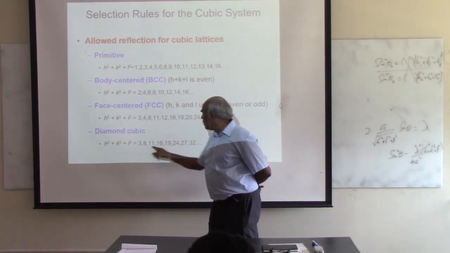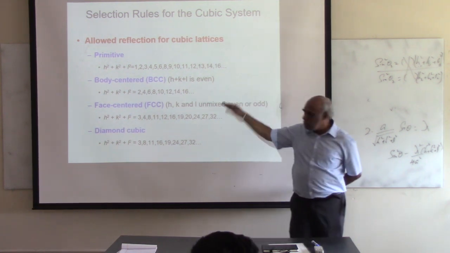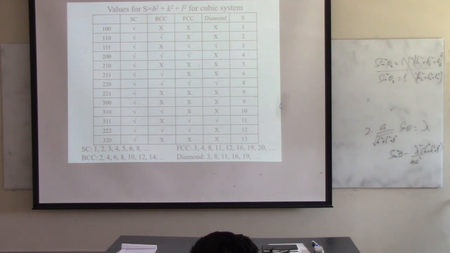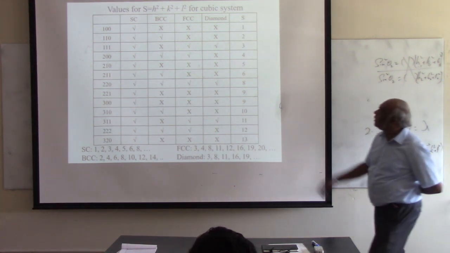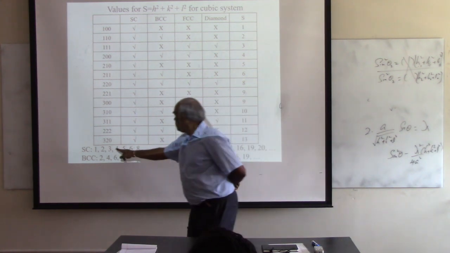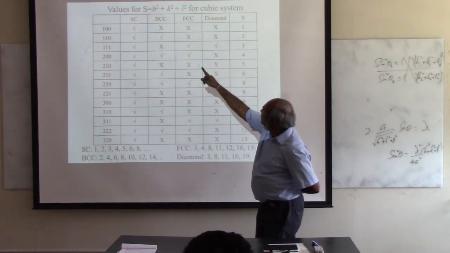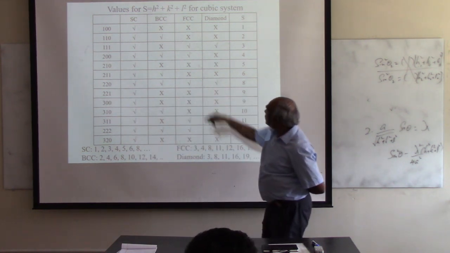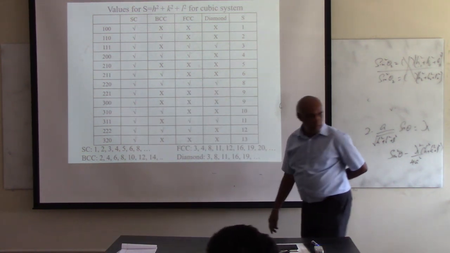If you have diamond, you have this one. So that's why I put it in this form. You can see, simple cubic, these ones. These are the allowed ones. So if you follow this one, which one is following this?